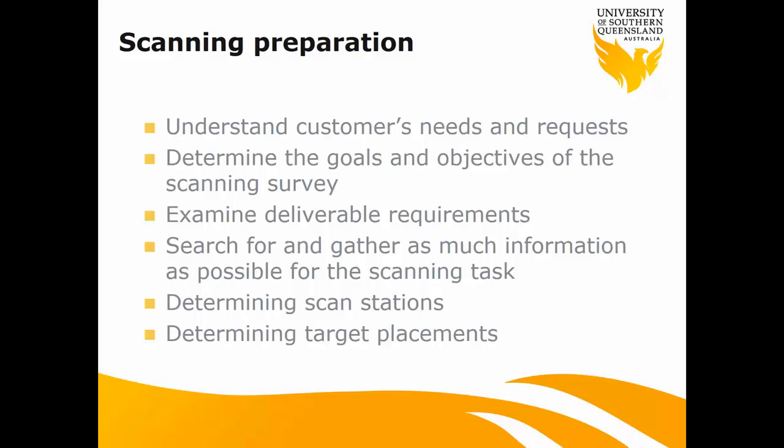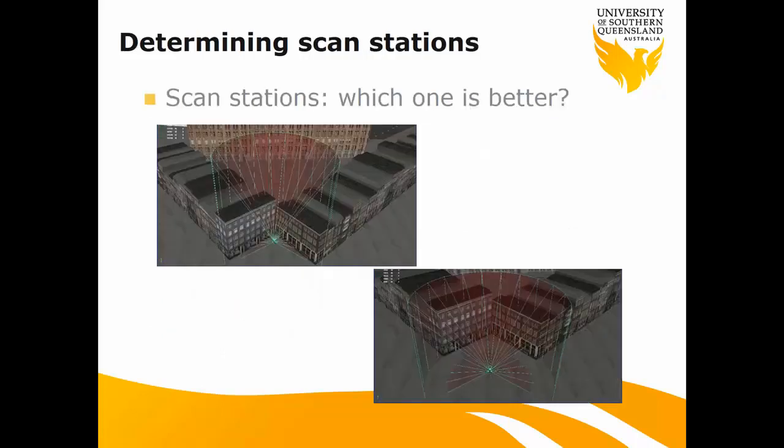The next one is to determine the location of the scan station, and also the location of the target. We need a target. If you have done practice 3 in laser scanning, you already know this. Why do we need to put some scanning targets?